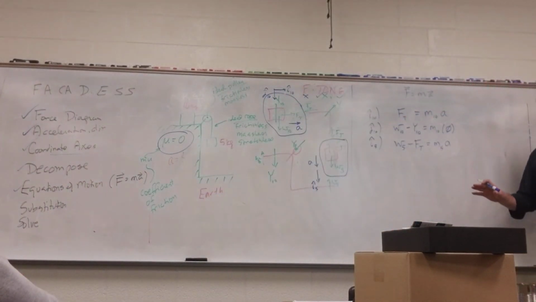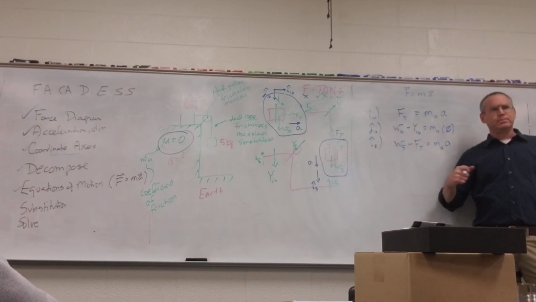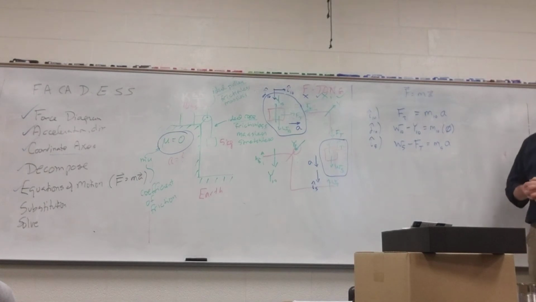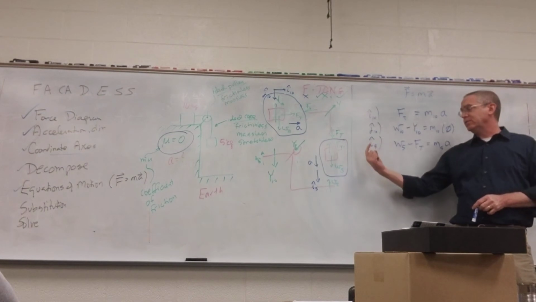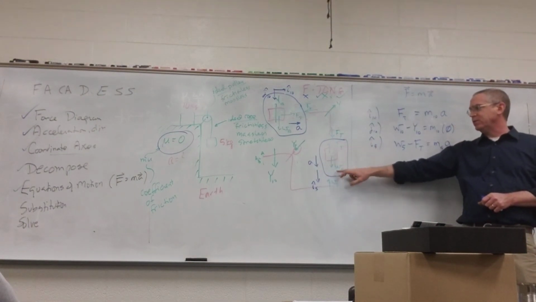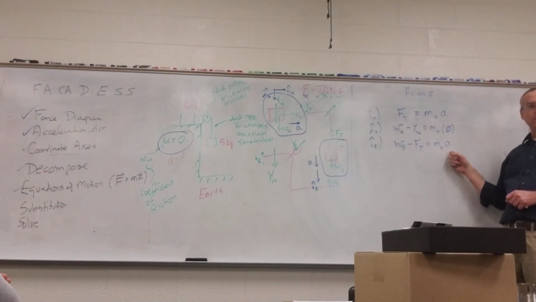Any other questions before we do substitution? Never mind, you answered it. If A was going the other way, it'd be negative A. If we had chosen up to be positive, acceleration is still down, but then it'd be tension minus weight equals negative mass times acceleration.